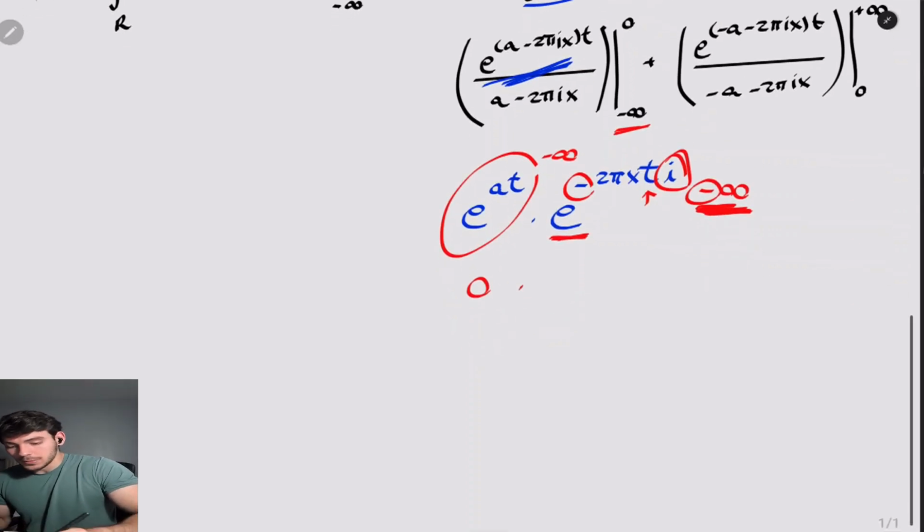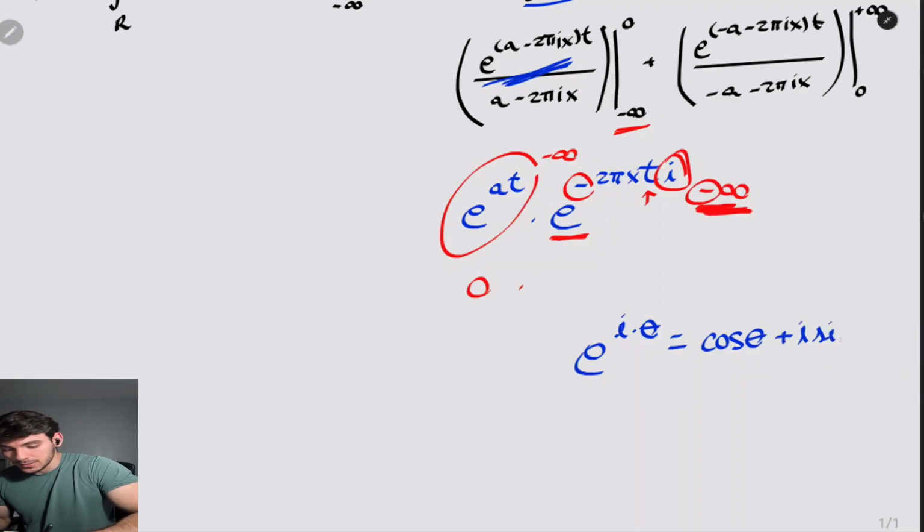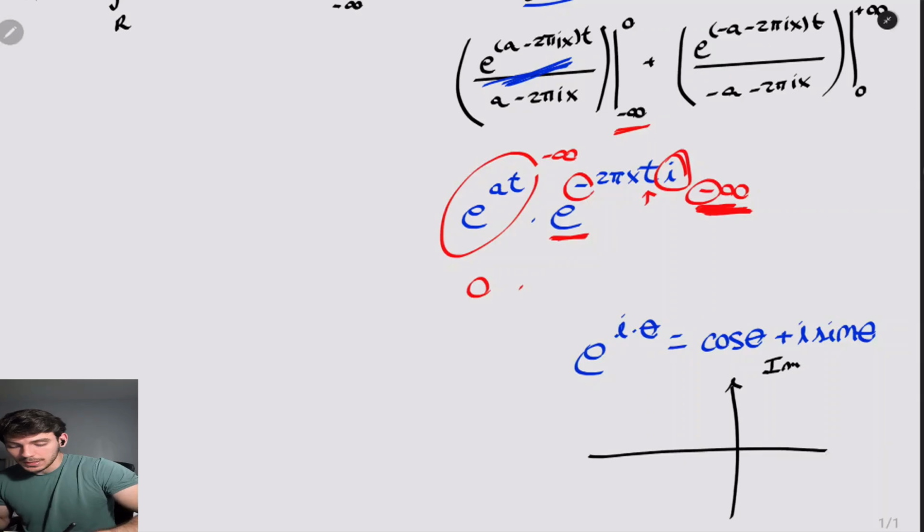So in fact, we need to remember that the exponential of I times theta is equal to cosine of theta plus I sine of theta. It means that when we have our graph here of the imaginary numbers as the y-axis and the real numbers as the x-axis, we have basically a circle.